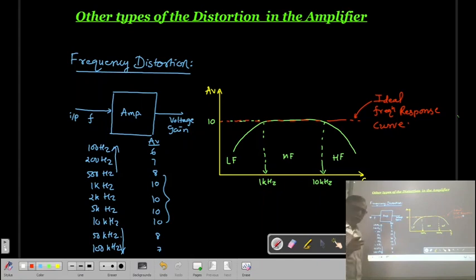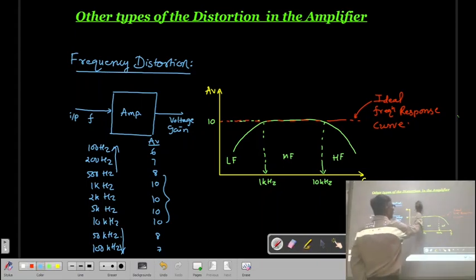Whatever capacitors we use in the amplifier, as well as the capacitance introduced by the active device, are responsible for this low frequency and high frequency behavior of the curve. Normally, in a typical amplifier circuit, you will find here a transistor. Then this is my load, and we are taking the output here.